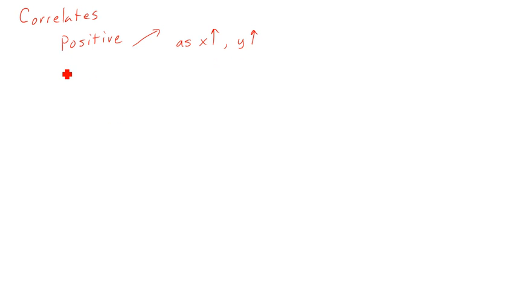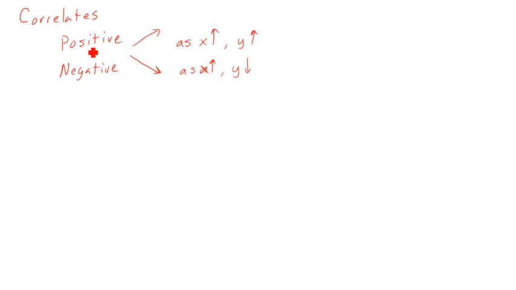Okay, the other correlation is a negative correlation, and a negative correlation has a negative slope because as x increases, so as we're going to the right, y decreases. And you can see as we go to bigger x values, the y value is decreasing. So those are the two correlations we'll be looking at today with our scatter plots and our real data.